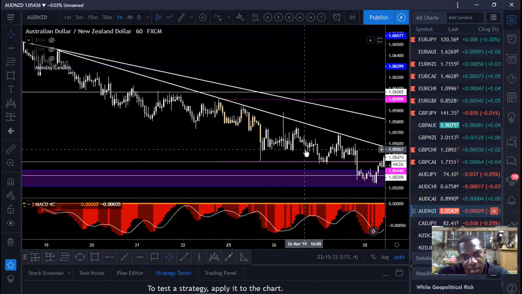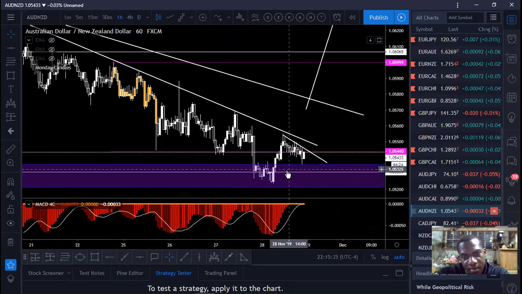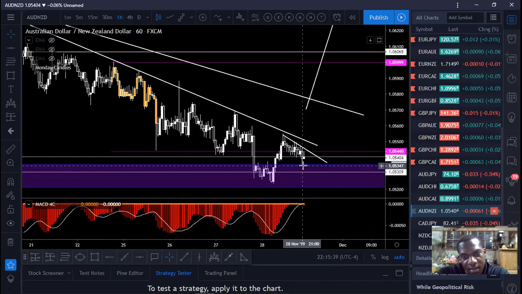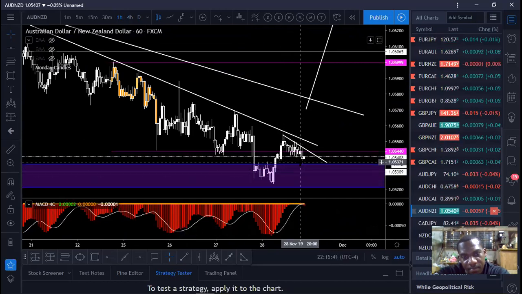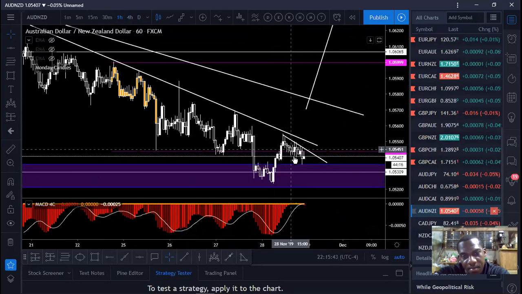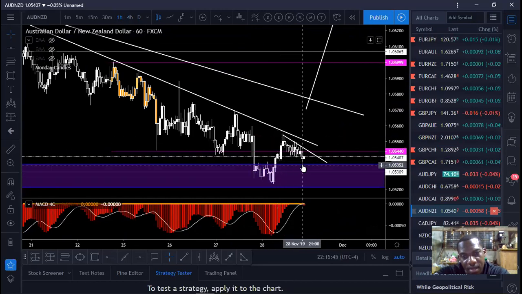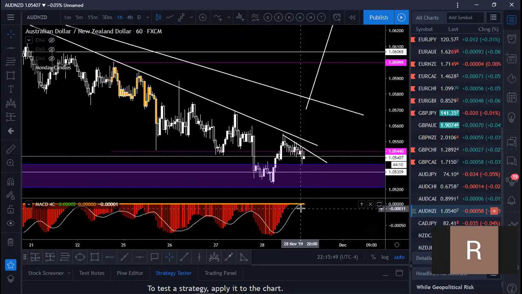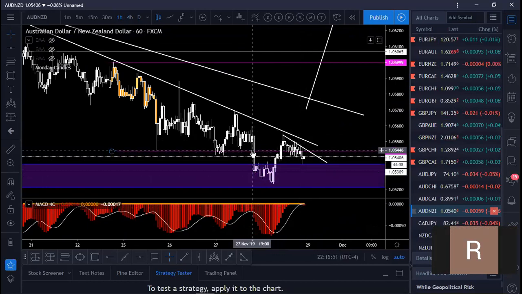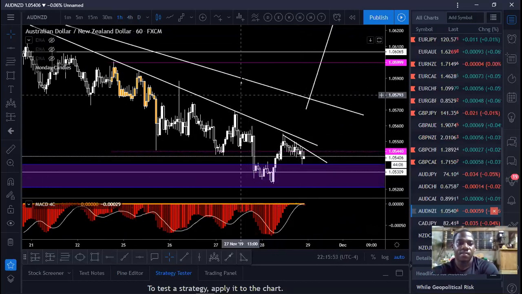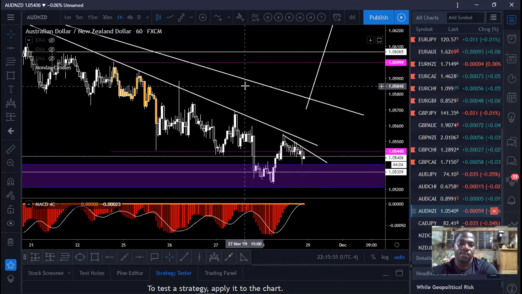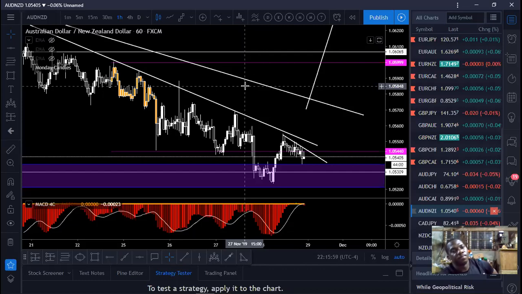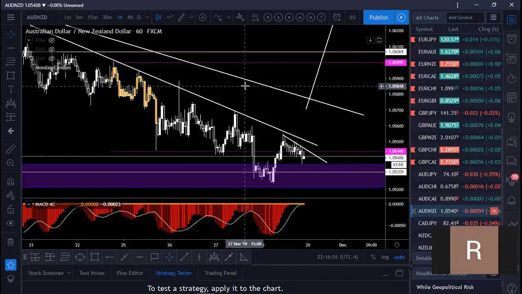It actually broke back above that zone and touched it back just now. Where is the Monday? Monday is here in purple. Inverted head and shoulders.